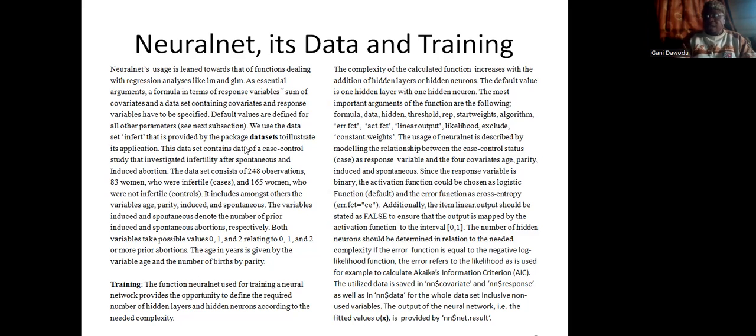Same goes for any other dataset. The information will tell you that there are 248 observations. You will know the number for control, the number of cases involved, and all the covariates in there and what they stand for. It will be explained to you.